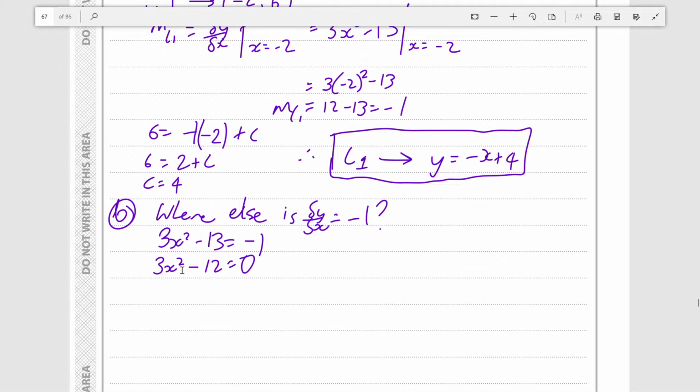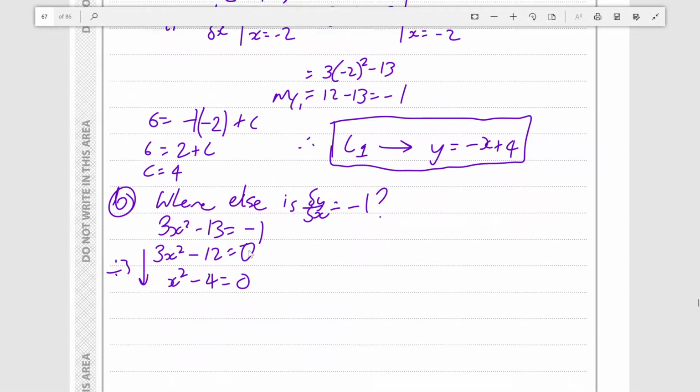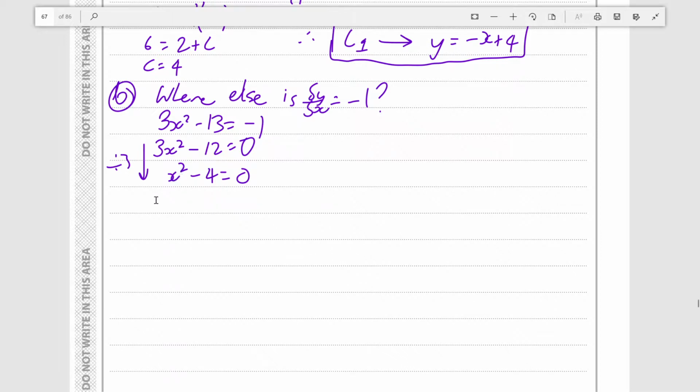And I'm seeing that we can divide every term by 3 and still have whole number coefficients, so we're going to divide by 3 and get that x squared minus 4 is equal to 0, and I'm instantly seeing that this is a difference of two squares that can be factorized into x plus 2 times x minus 2 is 0.